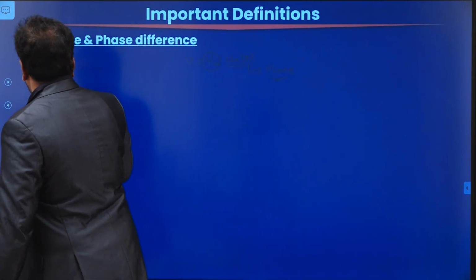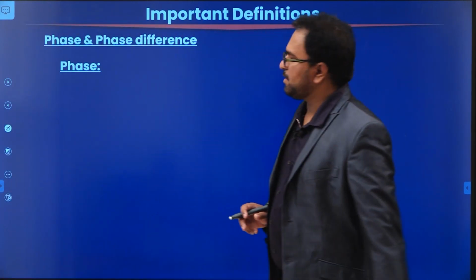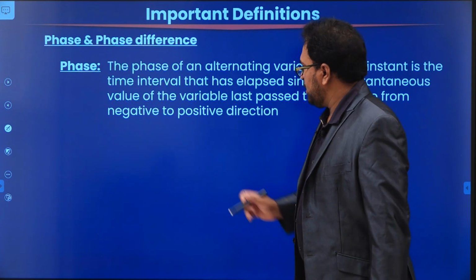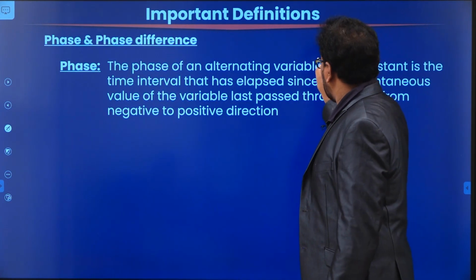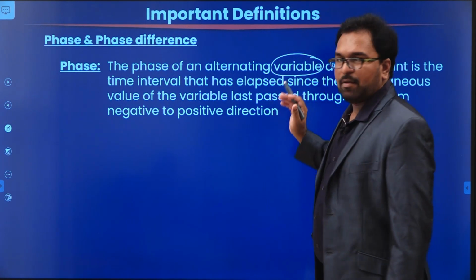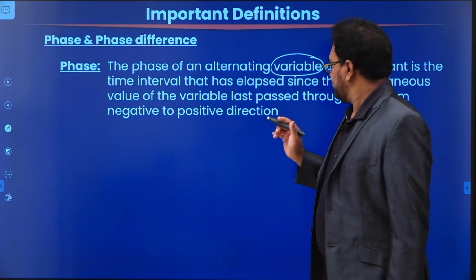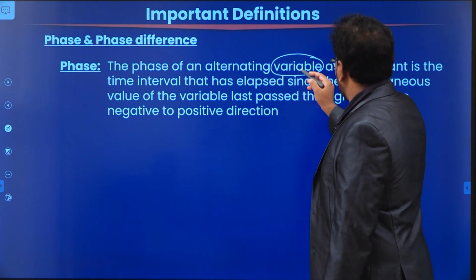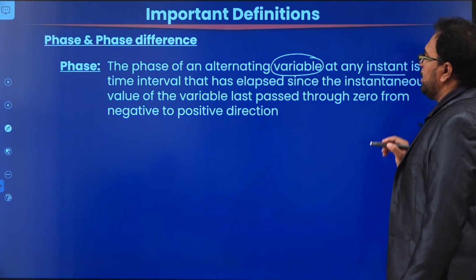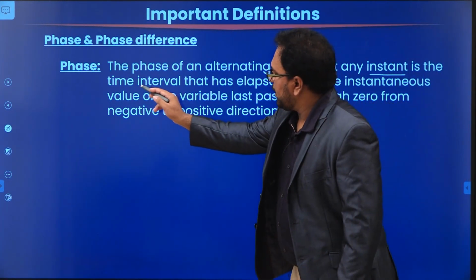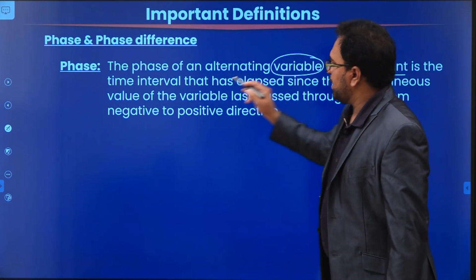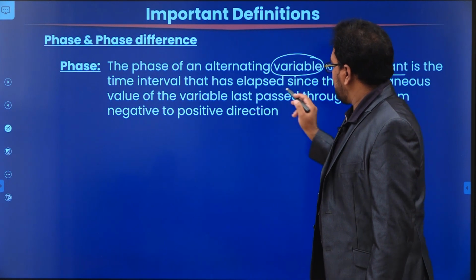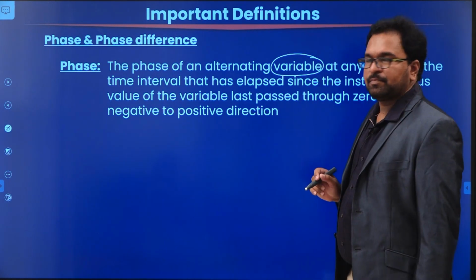Coming to the definition of phase. The phase of an alternating variable, which can be either voltage or current, at any instant is the time interval that has elapsed since the instantaneous value of the variable last passed through 0.